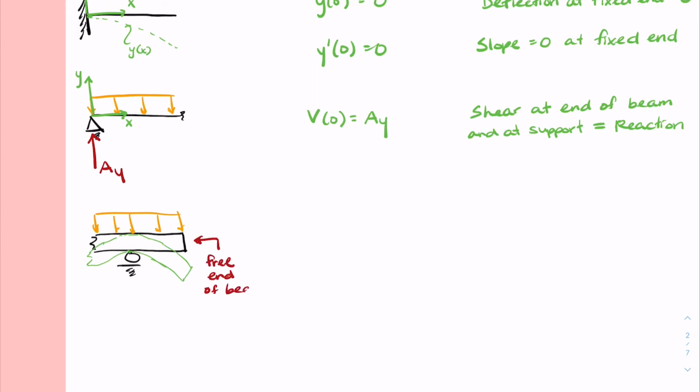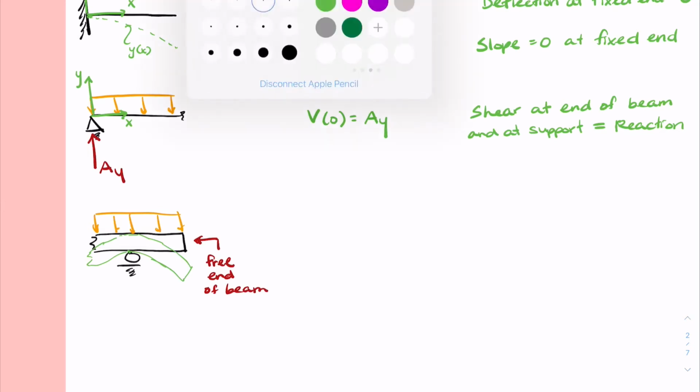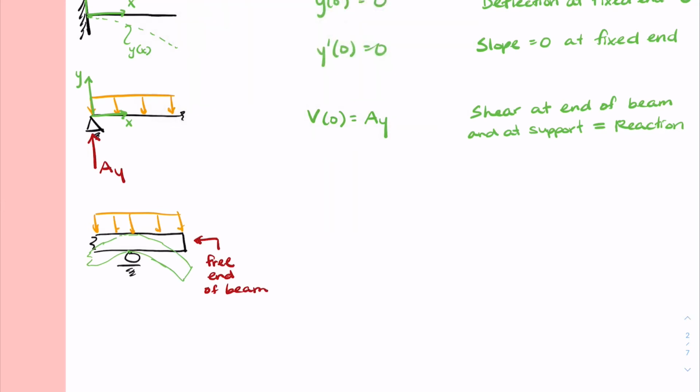So I sketched in green kind of the deflected shape of this beam over this support. And so we can write a few different things. If we're thinking about the free end, the moment and the shear at that point has to be 0. So we know our shear and moment diagrams have to close out to 0.